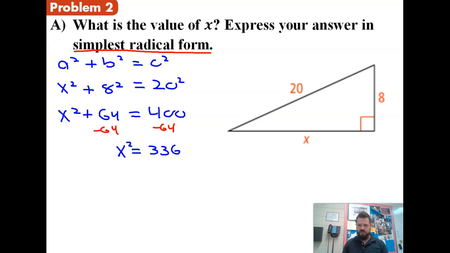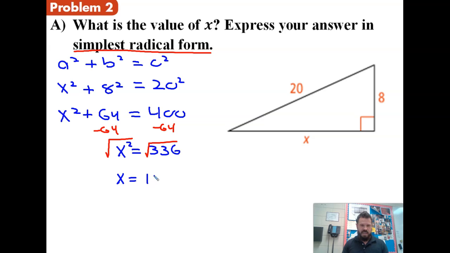And then at this point, what we did last time is we took the square roots. We'll still do that. That's going to leave me with just x on the left. And then notice when I go square root 336 for this one, I don't get a nice answer.